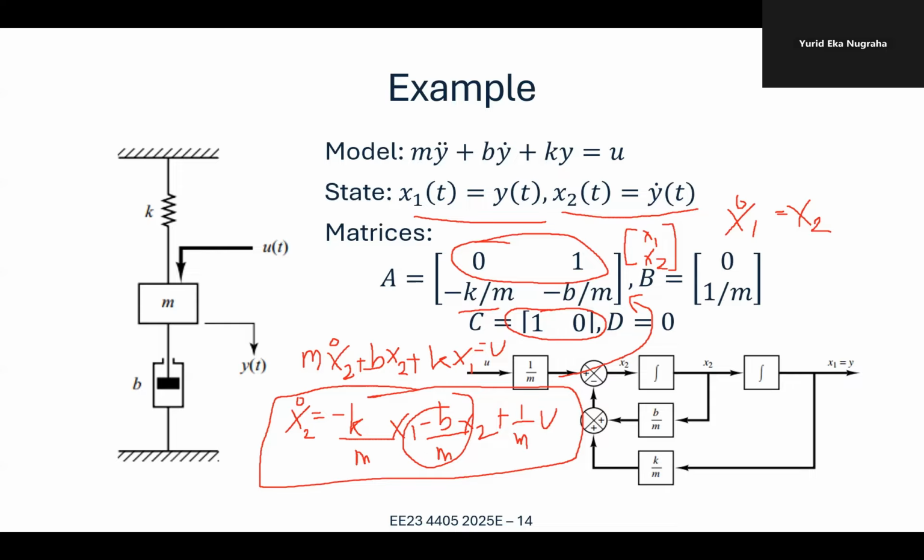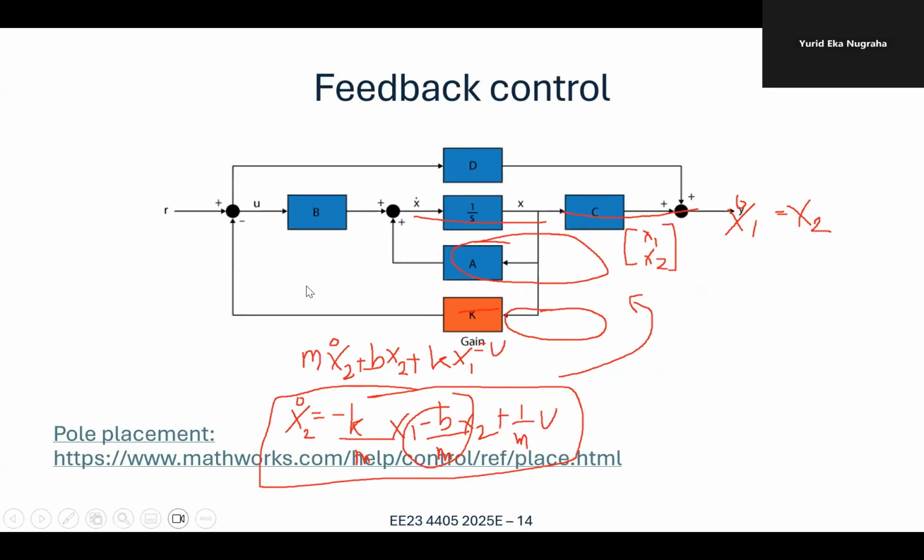Then the block diagram of this mass spring damper model could be drawn as this, which means that this system could be considered a closed loop system if we set the states as a variable that becomes the output of some of the block diagrams. All right, so that's about state space representation.